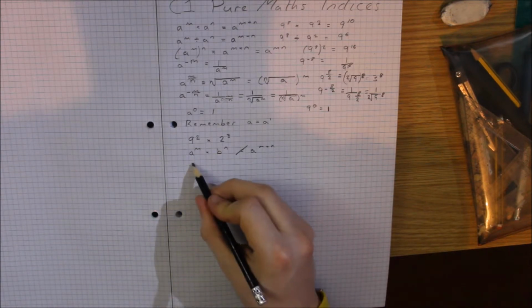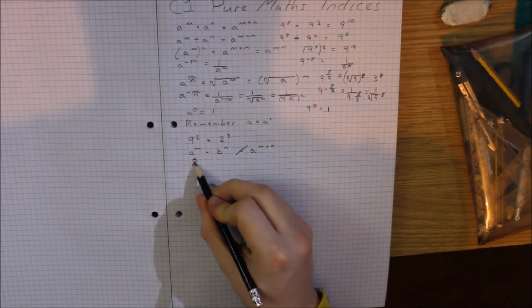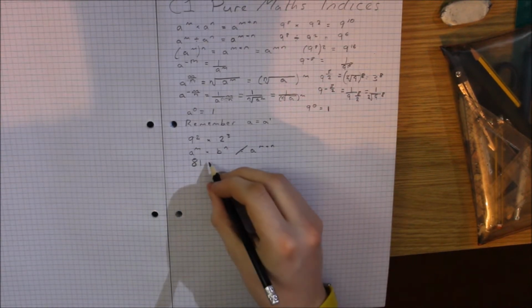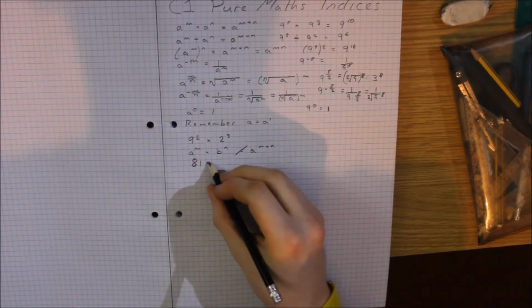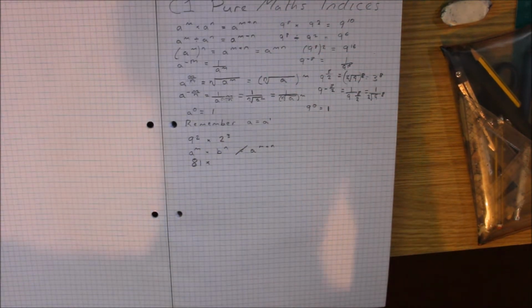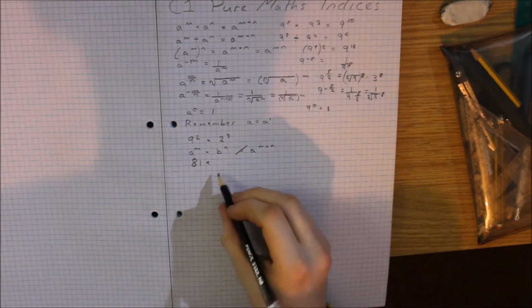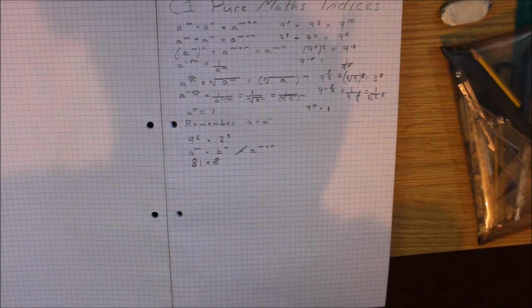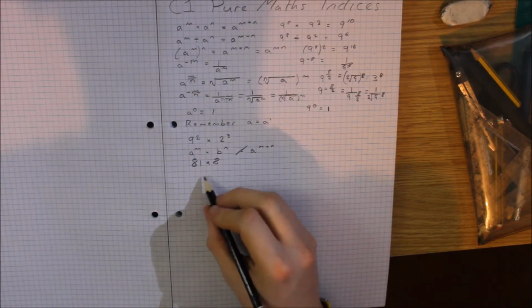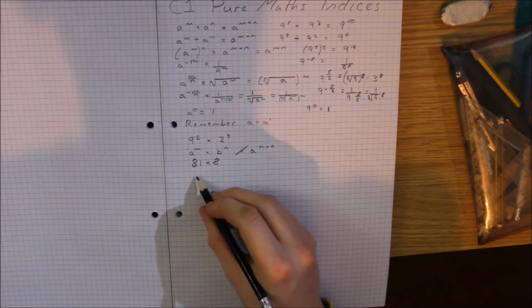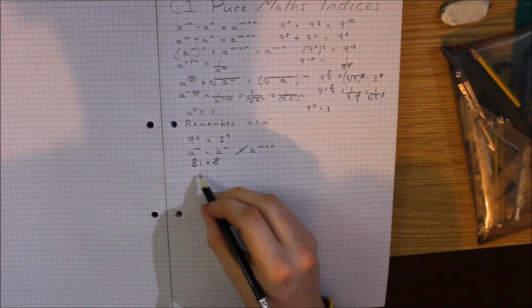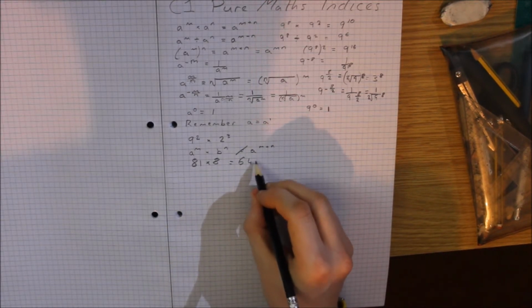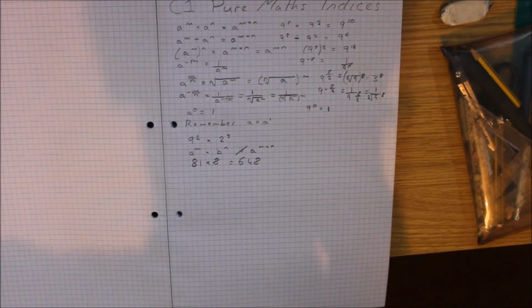What we have to do instead is take these separately. So it would be 9 squared, which is 81, times 2 cubed, which is 8. So 81 times 8 is 648, if my mental arithmetic is correct.